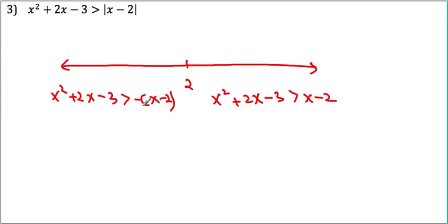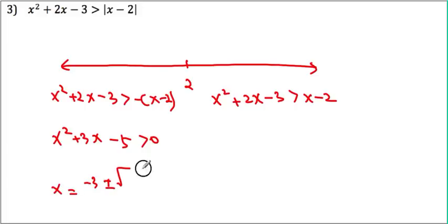Then here, what do we end up getting? x squared plus 3x, because we are adding x, and subtracting 2 on each side, then we get minus 5 has to be greater than 0. Then here we have x equal to negative 3 plus or minus square root of 9 minus 4 times 1 times negative 5.